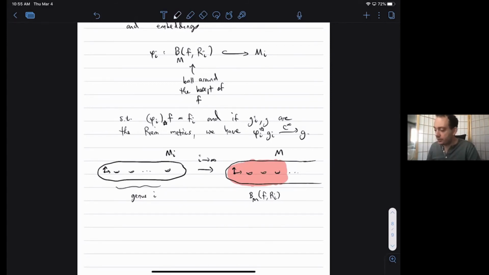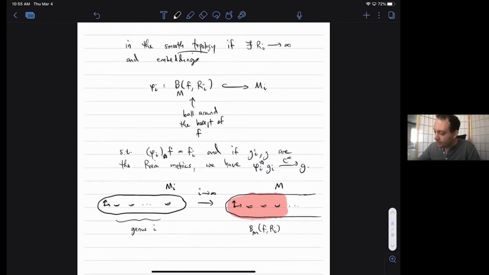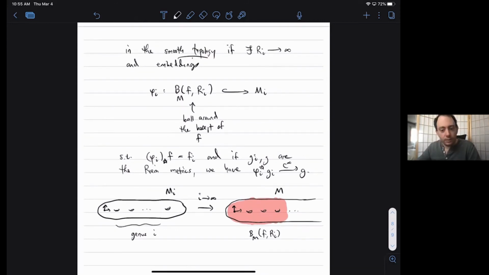It looks like in my picture, as soon as i is bigger than 4 or something, then you can see this red thing inside of it. Does this make sense? So this is a notion of convergence. Which space is this convergence happening in?